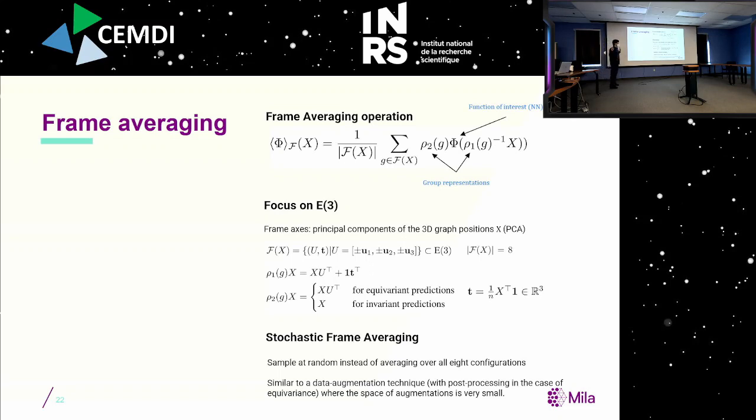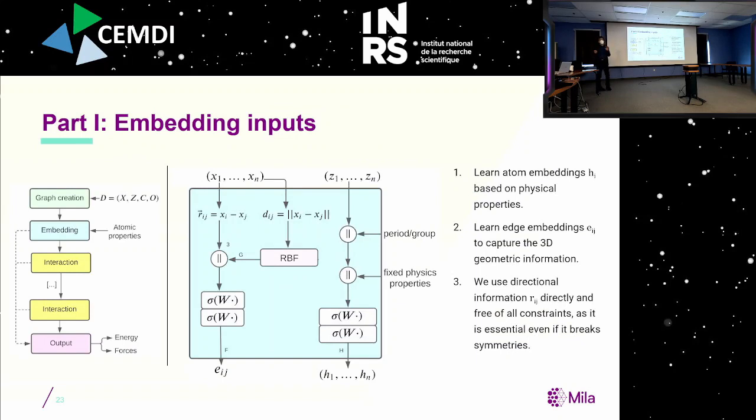So this is basically a data augmentation technique with post-processing in the case of equivariance. Again, I'm not going to go into details, where the space of augmentations is very small, importantly. And then I can quickly go through the architecture. It isn't still that simple, but it gets a bit simpler. We are learning atom embeddings based upon physical properties. Again, we're learning edge embeddings to capture three-dimensional geometric information.